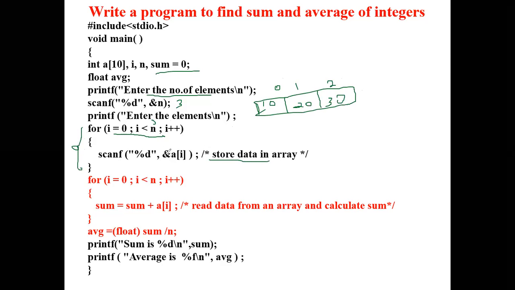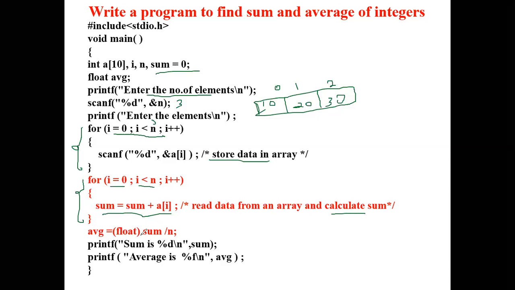So individually, we are reading the elements of the array during runtime. Next, this is the logic that we use for calculating the sum. I can take the value starting from 0. It can have value less than n. So this is the logic we discussed for calculating the sum.